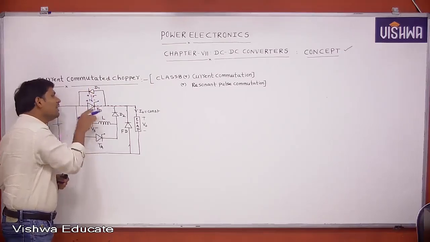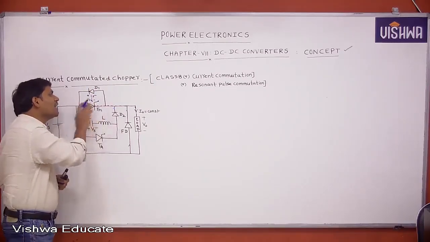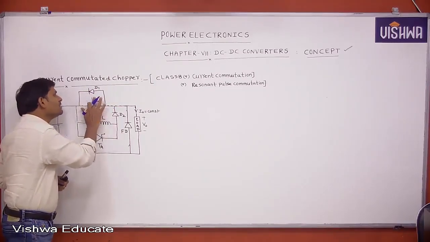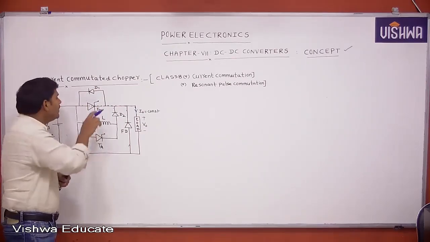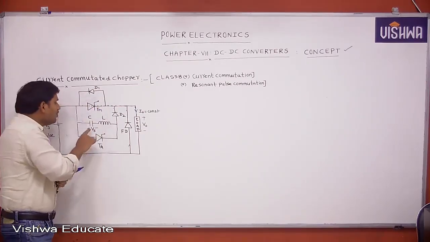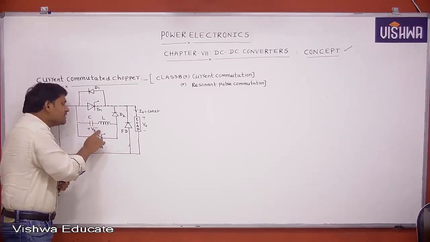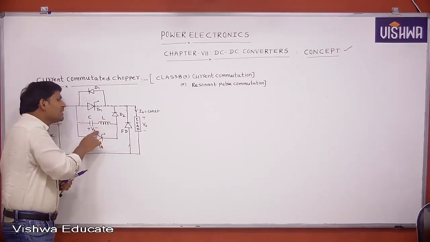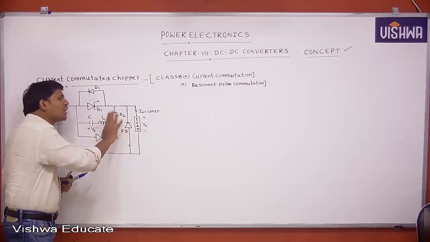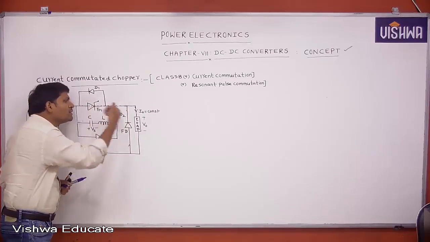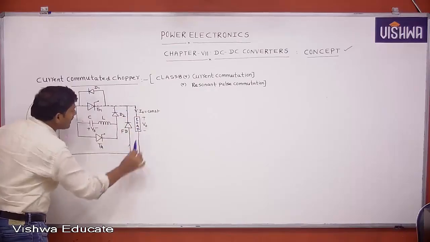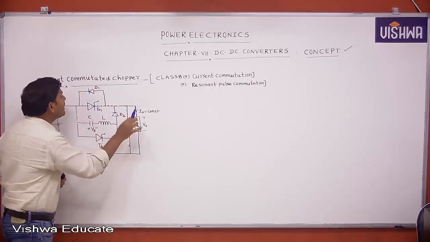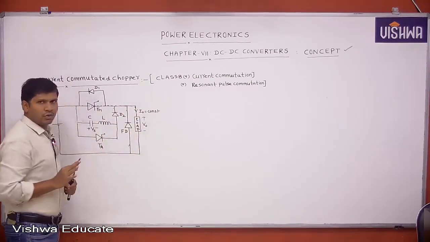That's the reason why during the conduction of the main thyristor, the D1 diode will not conduct. This is the off state. During the conduction of the main thyristor, because of this negative polarity, D2 is also not conducting. D2 is also under reverse bias condition. Only the main thyristor is conducting and it's supplying the current to the load. The only current carried by the main thyristor is load current only.